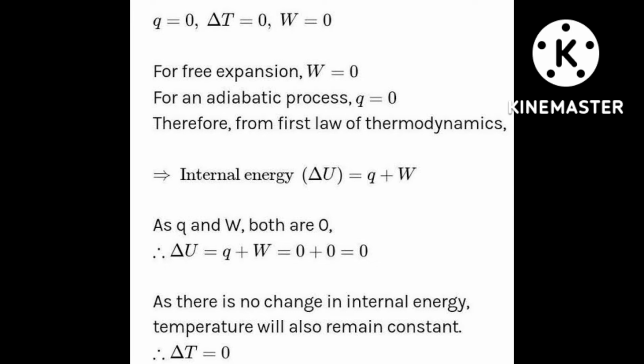See, the first question. 2 liter volume of an ideal gas at a pressure of 10 atmospheric pressure they have given. The 2 liter of an ideal gas at a pressure of 10 atm expands isothermally into a vacuum until its volume is 10 liter.